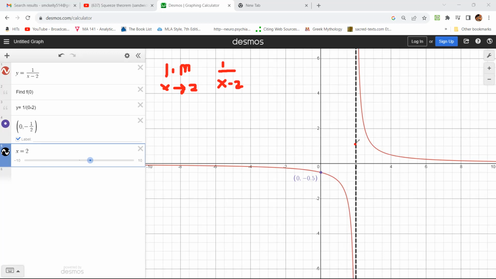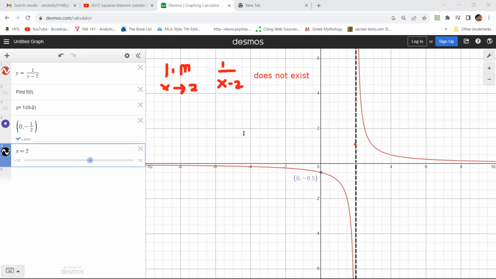What would we say about the limit? About the limit. It does not exist. Does it? It doesn't exist, does it?